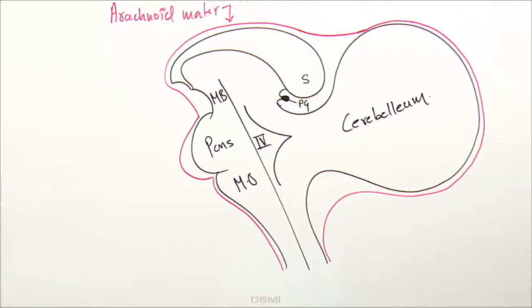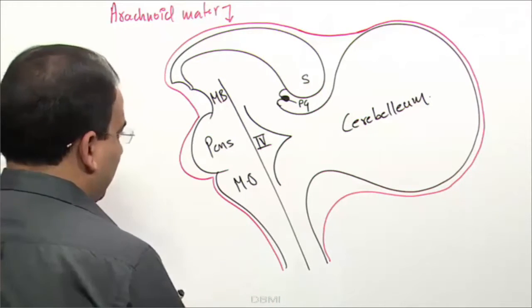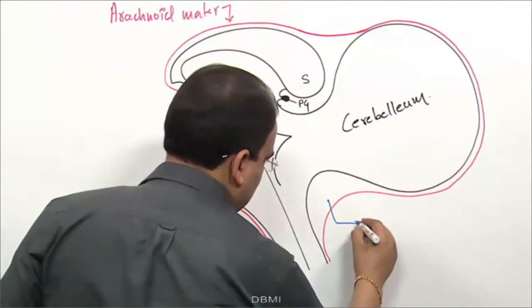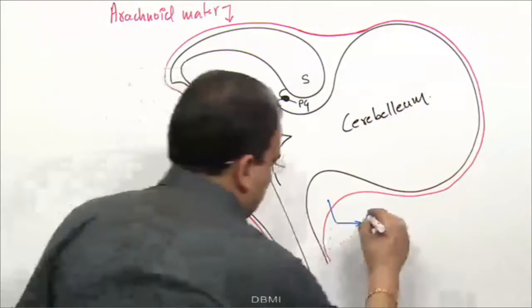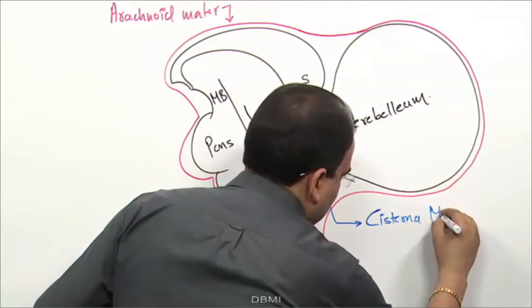And the 4 cisterns, let us start from here. Now this one is called the cisterna magna.